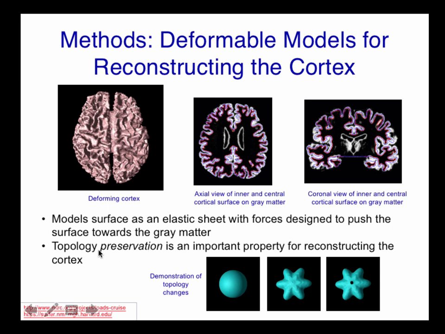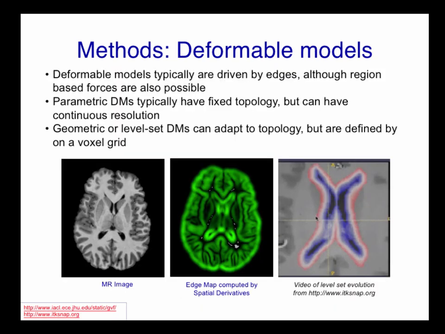In these applications where you're trying to find the cerebral cortex, you're modeling the surface as an elastic sheet, and you're just trying to push it towards the gray matter and find either one of the gray matter boundaries or perhaps the center of the gray matter, depending on your application. And this animation stops, so I'm going to go backwards and forwards so you can get more info.